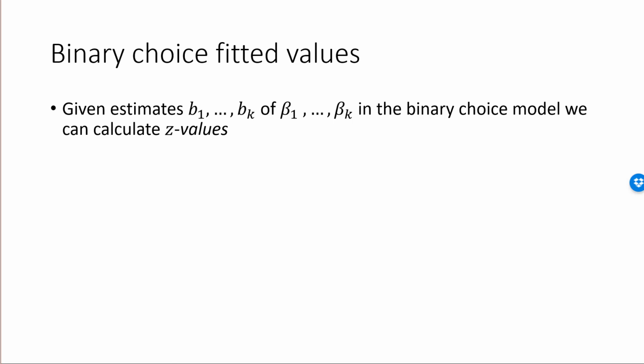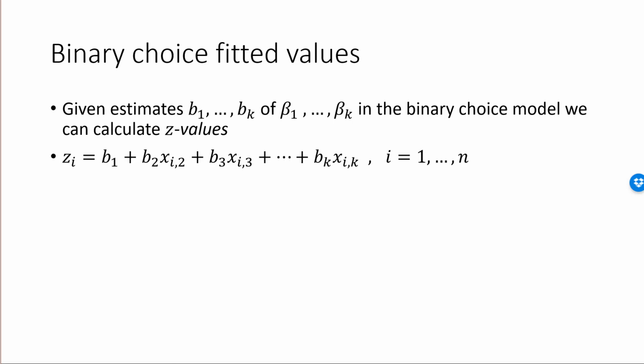From this I can calculate what are called z values. What I do is start with the zeta expression, and I replace the unknown betas with the estimated b's. Of course, I don't know the betas, so I don't know the zeta values either, but the z values I can actually calculate.